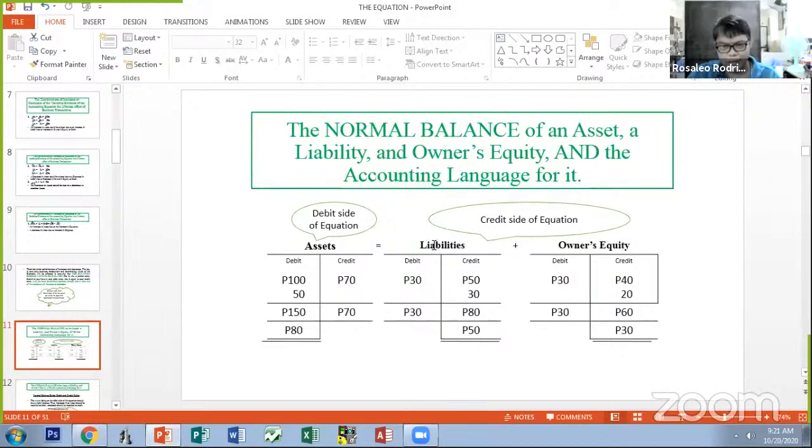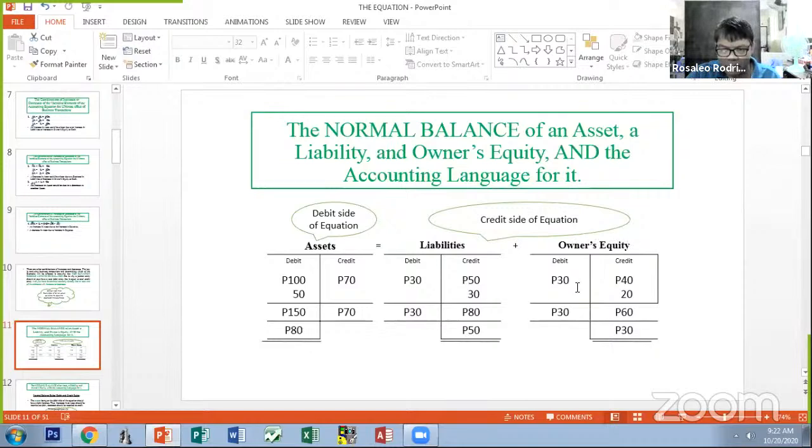Of course, depending on how you face it, this could be the credits, but again, it is the issue of the stability of the foundation of these concepts. So that's why there is no argument anymore, I think, whether this is the credit or this is the debit or vice versa. We had to have some stability, and we make this side the debit side and we make this the credit side.